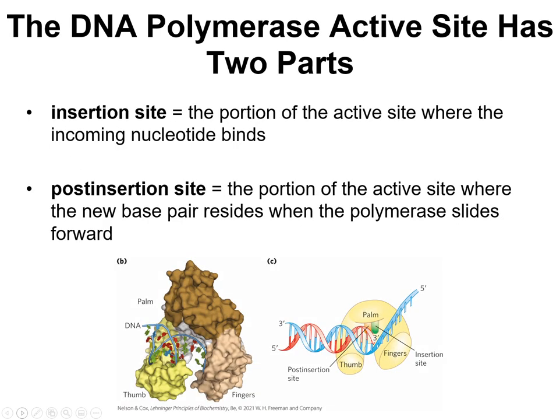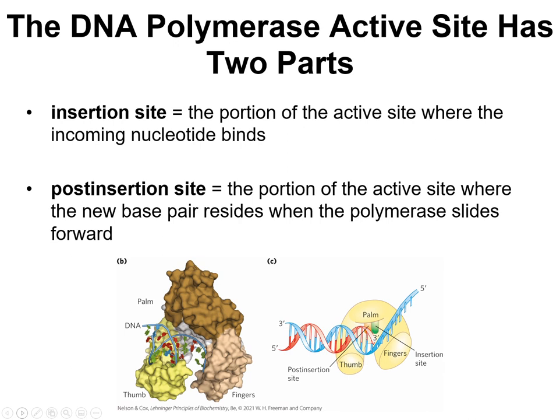The insertion site we already talked about a little bit, but now you'll be able to see it in 3D form. So DNA polymerases kind of look like a hand that's cupped over. If you take your hand with your palm facing up and bring your fingers towards you to make a cup, like a C, and then turn your palm so that it's facing down towards the ground, that's kind of what a DNA polymerase looks like.